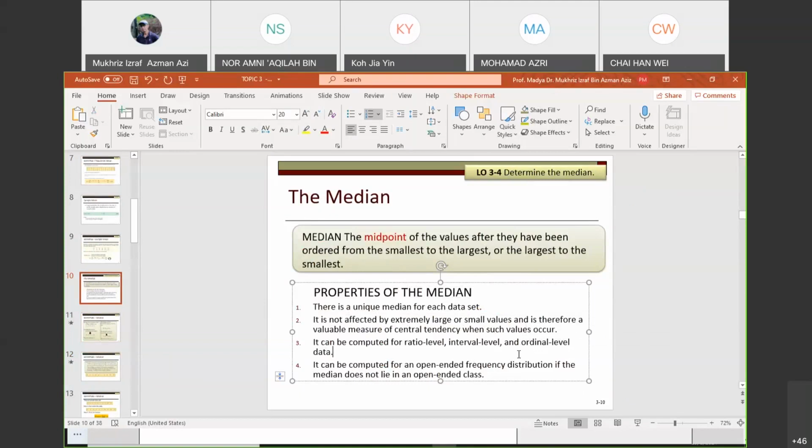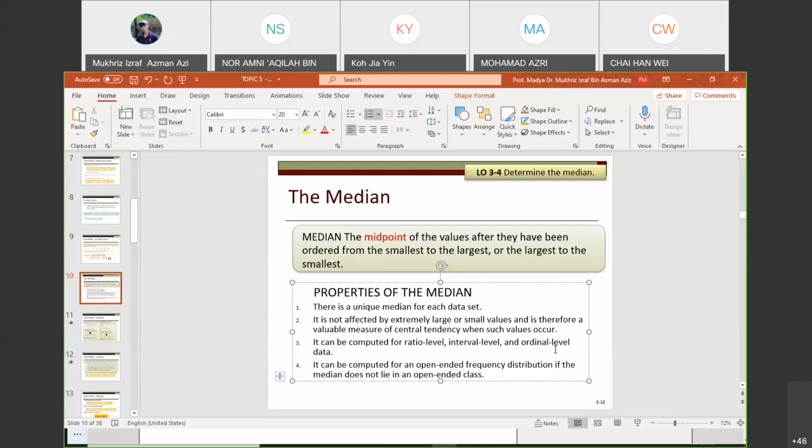If you recall, ordinal is the second type of data. You can arrange according to value, for example satisfied, very dissatisfied, or very satisfied, or fair, good, very good. Those kinds of data are ordinal, so you can arrange according to ranking.